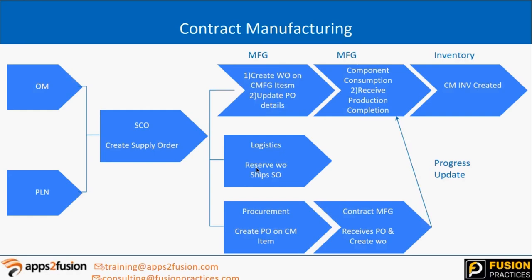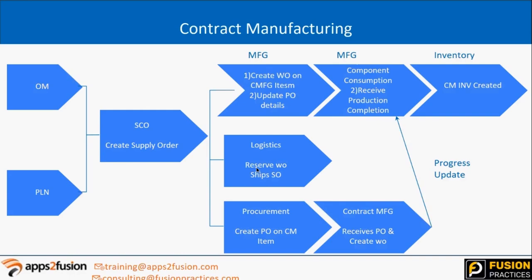That means he buys the parts from you, and he ships the end product against the sales order. So in your system, you will see a PO for the finished good and a sales order for components.